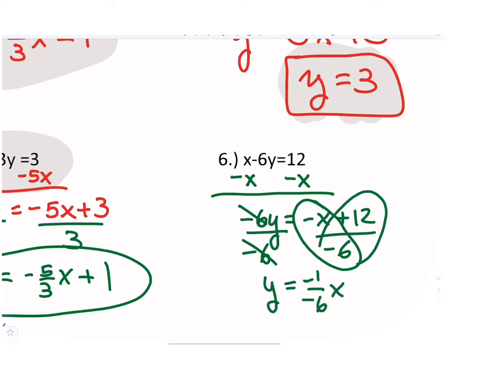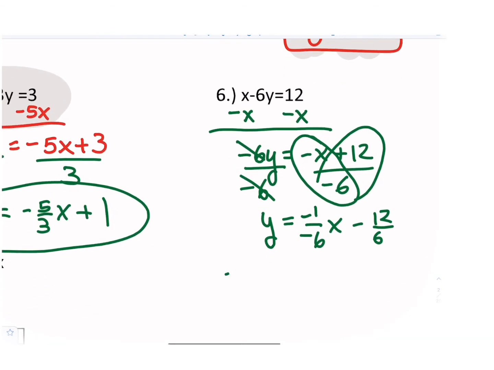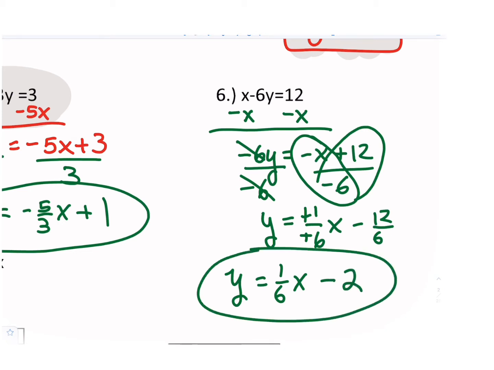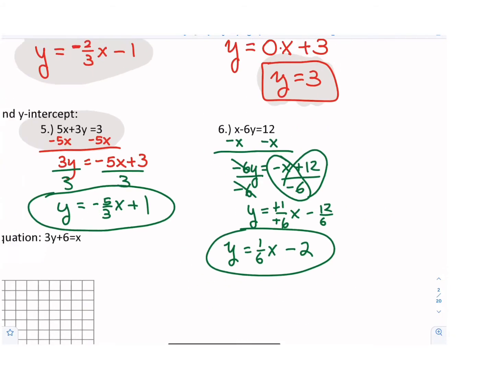This part right here is a negative 12 over 6. We can do a better job of simplifying that by writing y equals 1/6 x, because a negative divided by a negative is positive, minus 2. That's the answer to number 6.